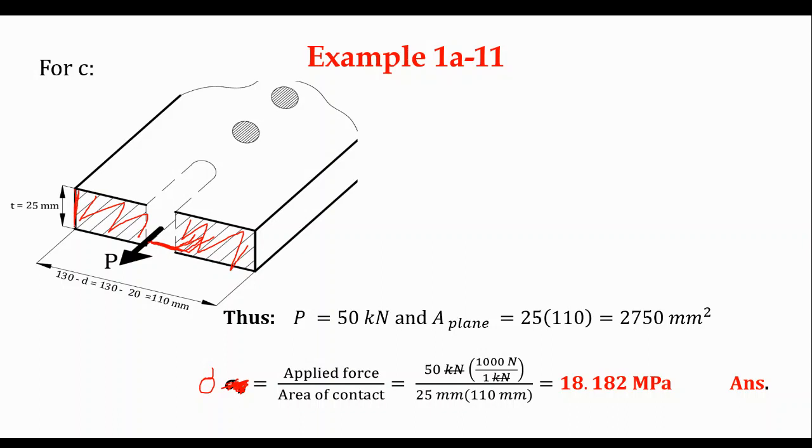And then, ang length, of course, buslot naman ni na part, so wala na nailabot. So, the total length is kanang tanan-tanan na 130 minus kaning diameter sa bolt. Diameter sa bolt ang equivalent length ani. So, therefore, we have 110.